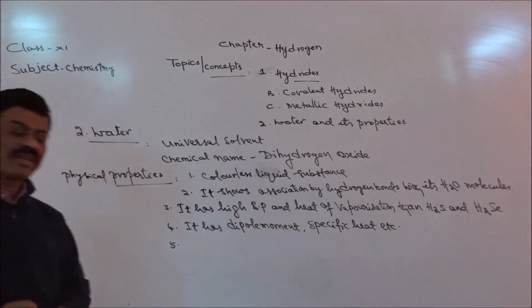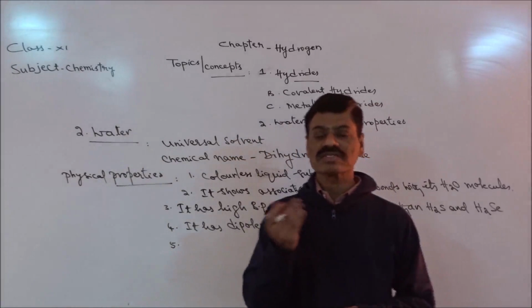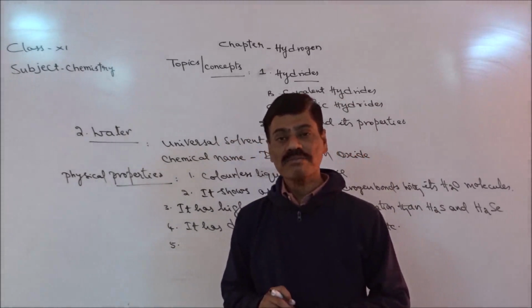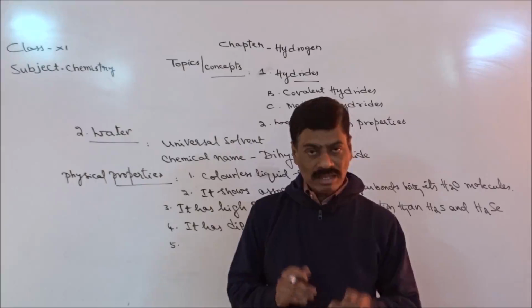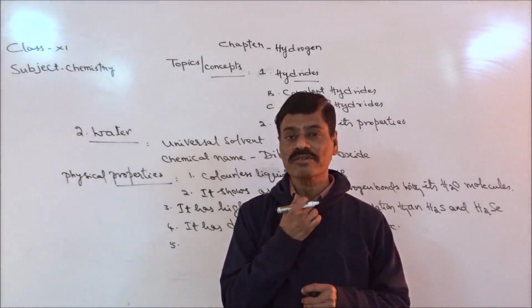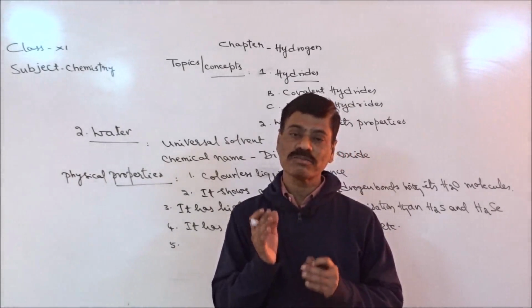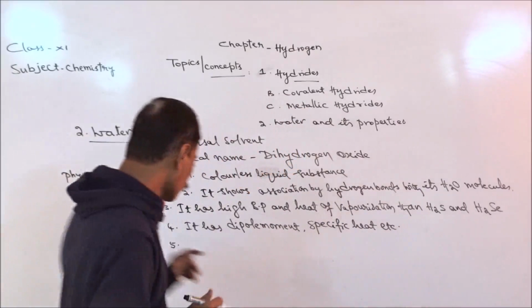Next, it dissolves many compounds in it like alcohol, carboxylic acid, etc. by forming hydrogen bonds with them. That means those compounds which are capable of forming hydrogen bonds with water are said to be miscible or soluble with water.